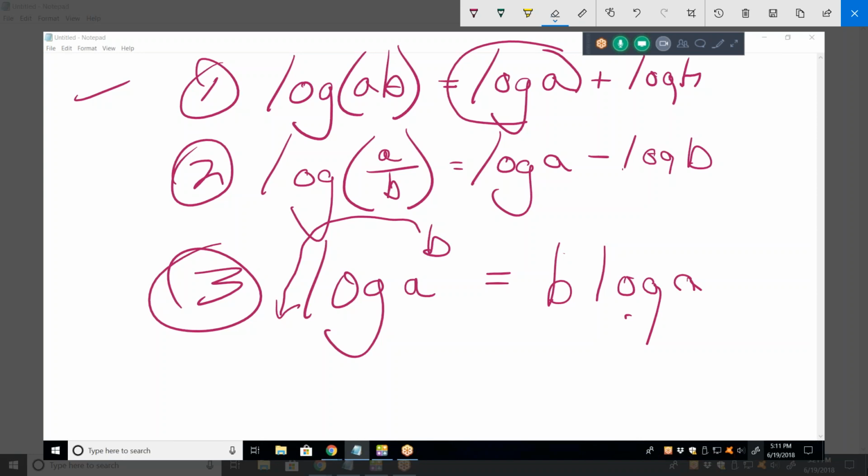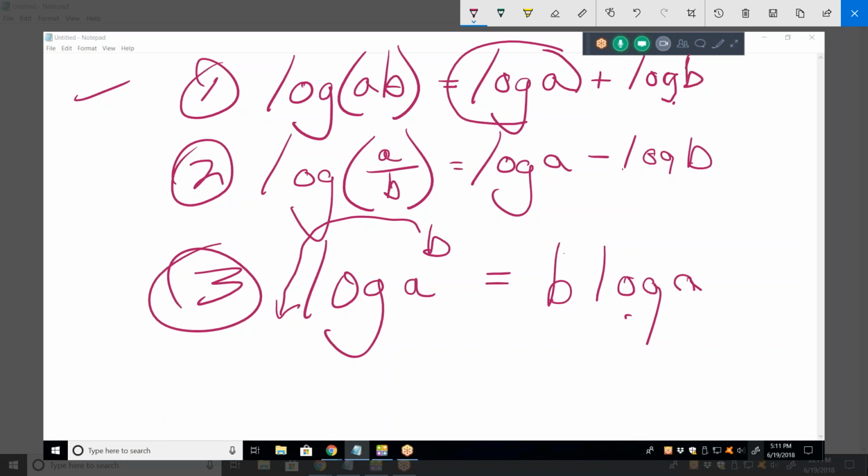They will say expand the following log problems, and they'll give you something like the log of 3 times 2. But sometimes they will say compress, and they would give you the right side and not the left side, and you would have to turn the right side into the left side.